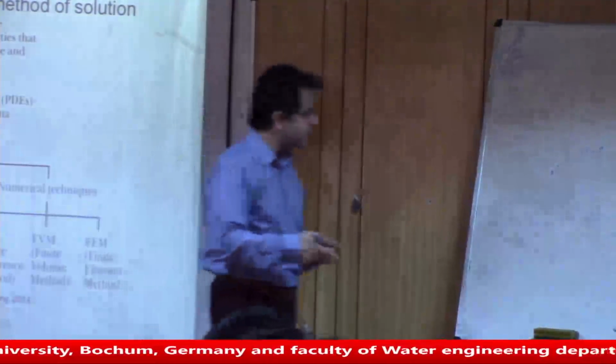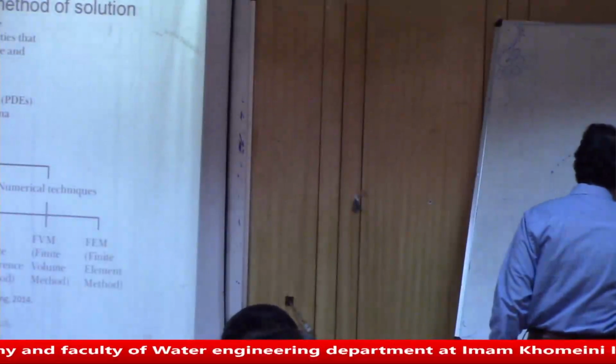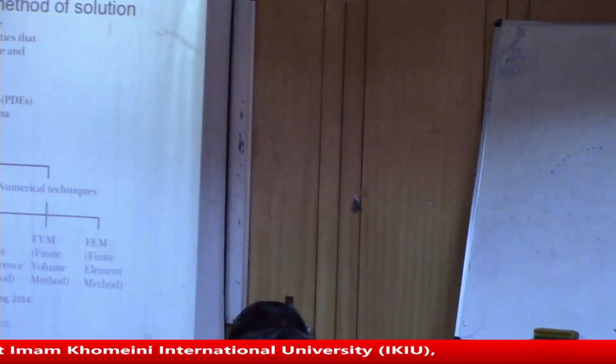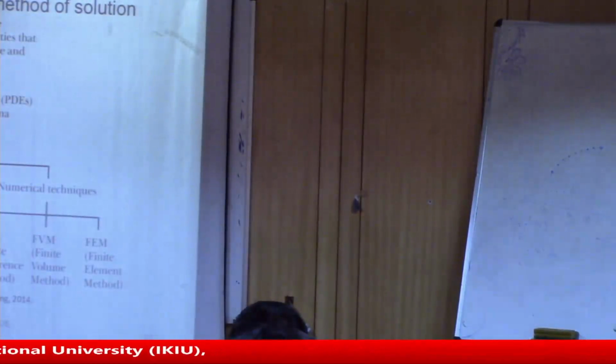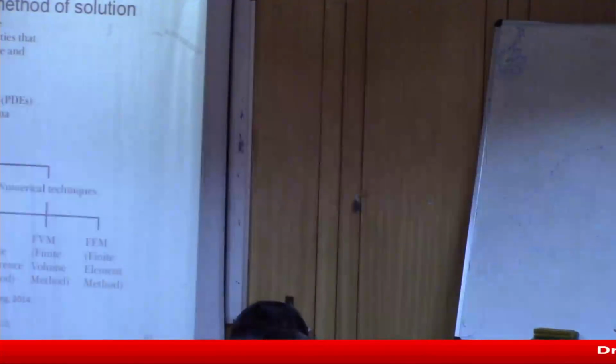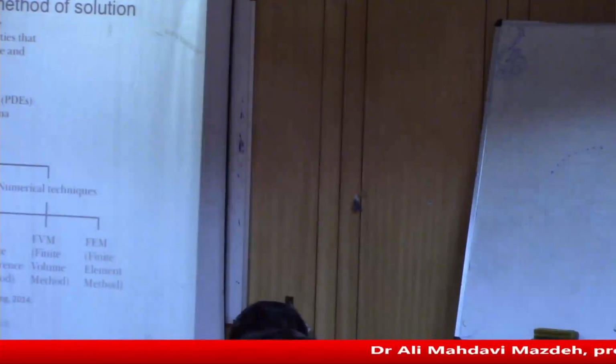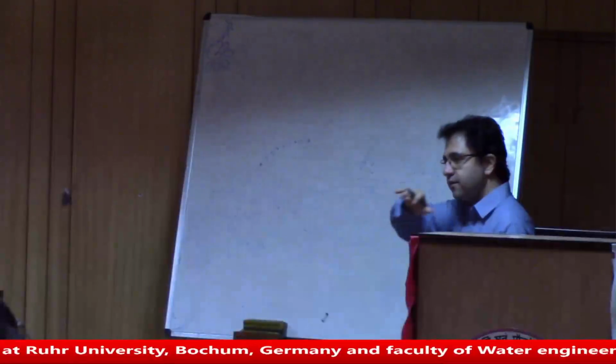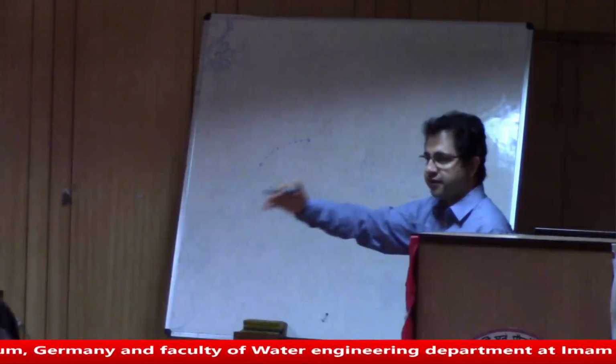Example: consider a channel that reaches an end, and the water comes from here and goes down. This formula shows us the water profile. How is the water surface?